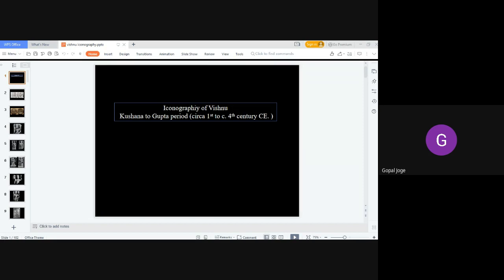Naneghat inscription, and the last one is the Ara inscription, datable to the 1st century BCE or 1st century CE.